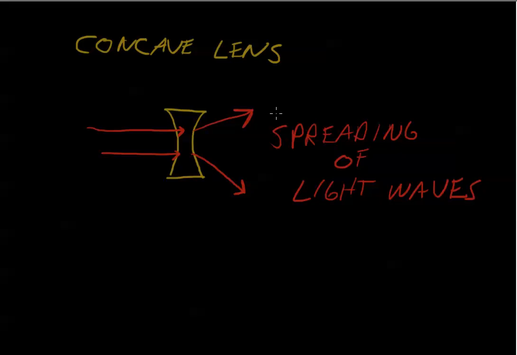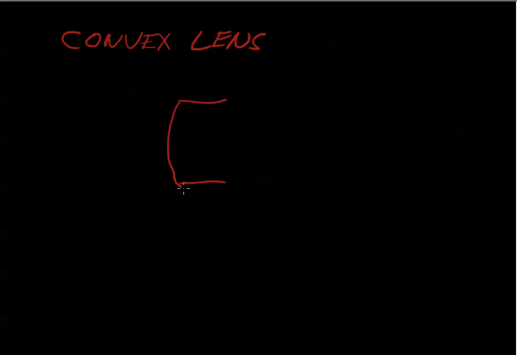The other type of lens, and that is a convex lens. Convex lens, you think the lens in your eye is really a convex lens. And these are the ones that bend out a little bit.